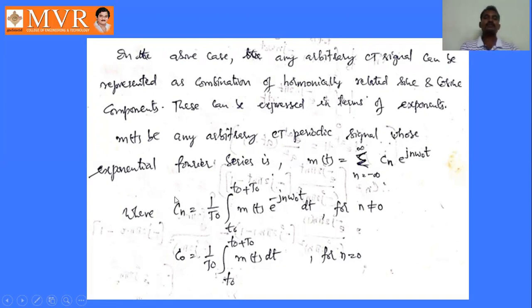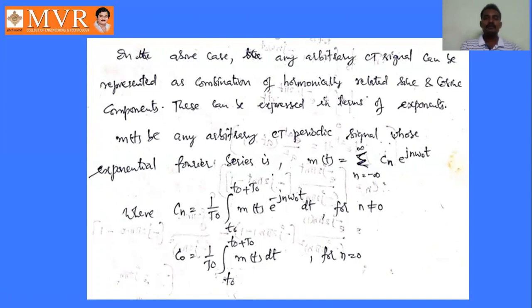So here the coefficients in exponential Fourier series form are C naught and Cn, whereas the Fourier coefficients in trigonometric form are A naught, An, and Bn. Cn is expressed as 1 by T naught integral t naught to t naught plus T naught m of t into e power minus jn omega naught t dt.